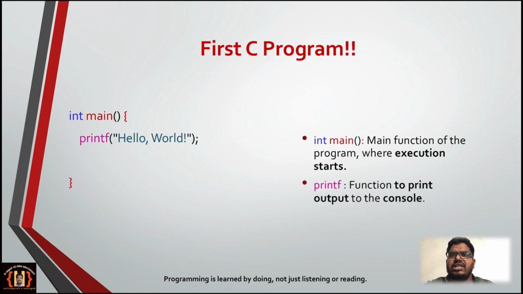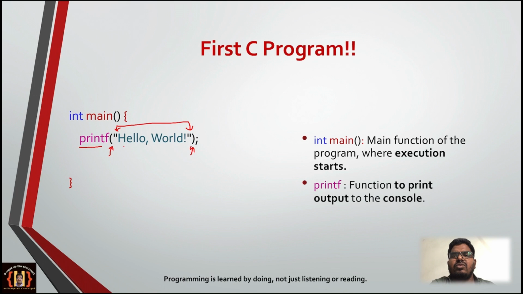So next part is the first statement here. I am trying to print hello world. So this printf is the function, as I said, you can see here, opening brace and closing brace, right? Within this opening brace and closing brace, there are two double quote symbols, an opening double quote and a closing double quote.